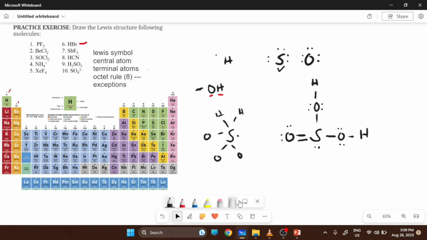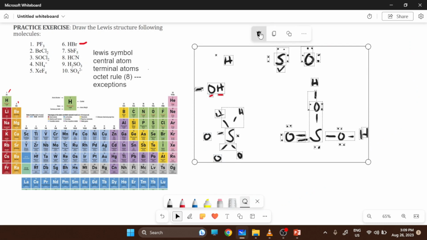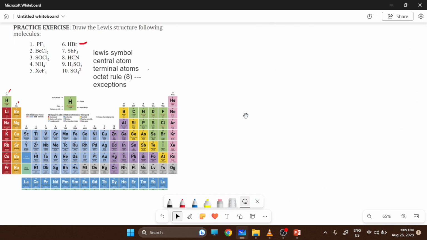So for our last number, the SO4 2 negative, which is an ion, di ba? Meron tayong negatively charged. Ang cases dito is, meron tayong S, yan, which is a group 6, 6 Lewis dot. Meron din tayong oxygen, which is group 6, 6 Lewis dot. Ayan, it has 4.